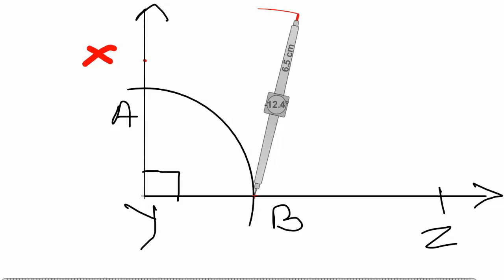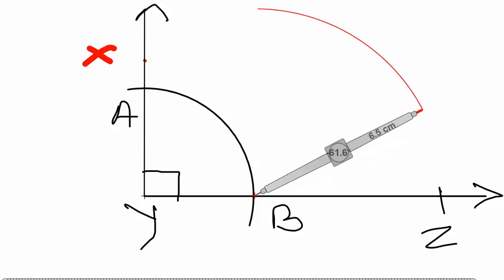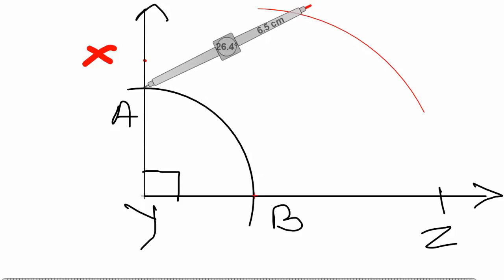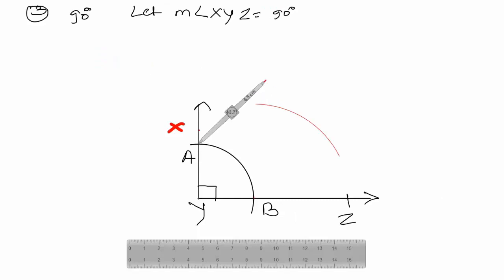Put the compass on point B and draw the arc inside the angle, and then put the compass on point A and draw the arc intersecting the first arc. Give the point of intersection the name M. This one is the point M.